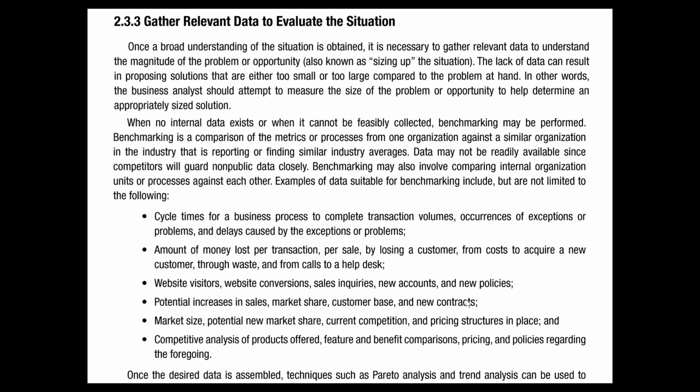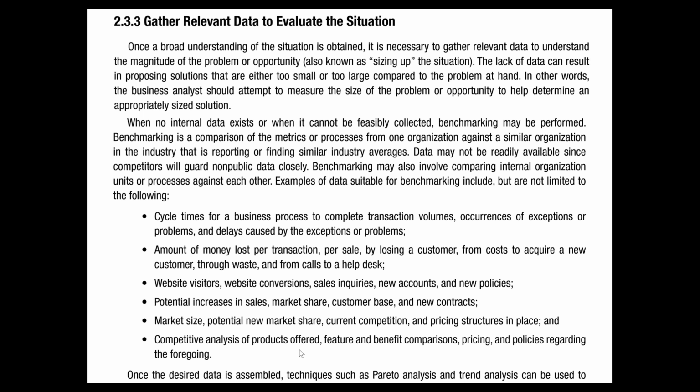So you have your data, you compare it with others, and you can benchmark against others. Potential increase in sales, market share, customer base and new contracts, market size and potential new market share, current competition. And you see, these kinds of metrics you have to devise for yourself. You have to identify these metrics to measure the performance of your processes.